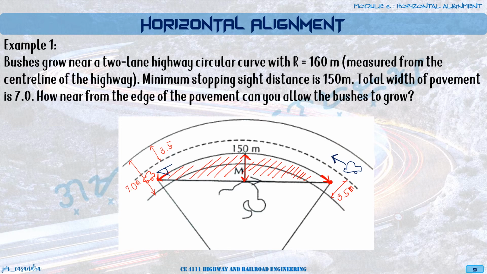If we do not clear this area, we could expect an accident, because the vehicle at this point will not see the oncoming one. The driver might suddenly overtake if there is another vehicle here, and will not expect that there is an oncoming vehicle. So that's one probable cause of accidents. That's why we need to consider our sight distance when it comes to horizontal curves. Okay?